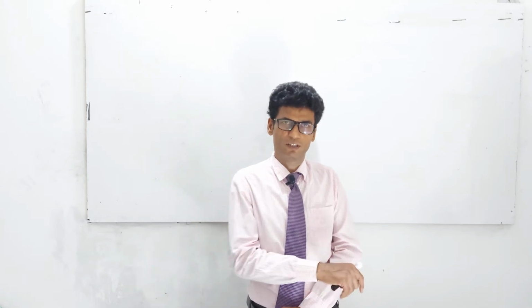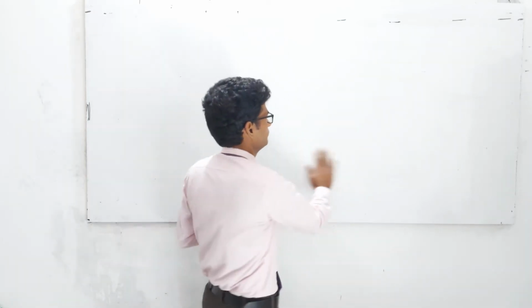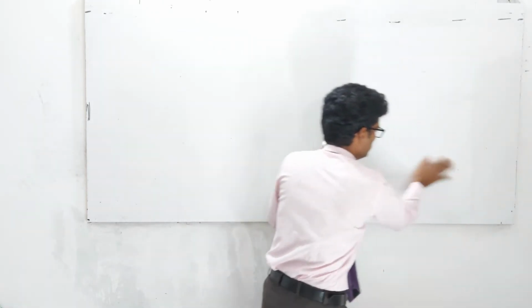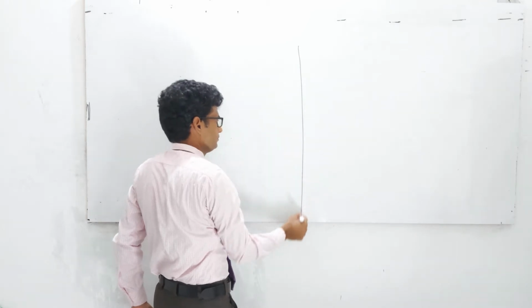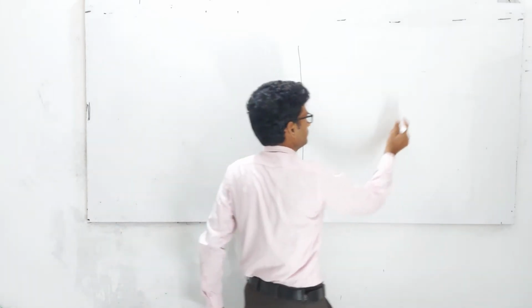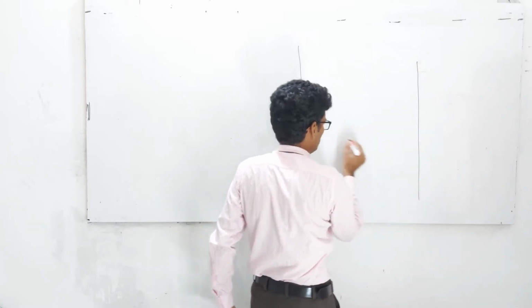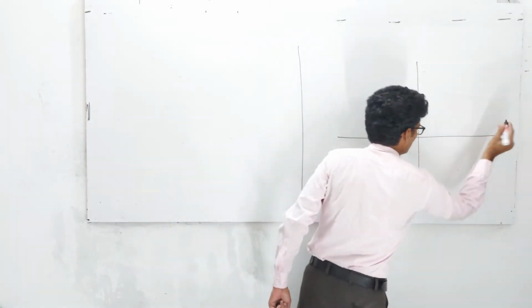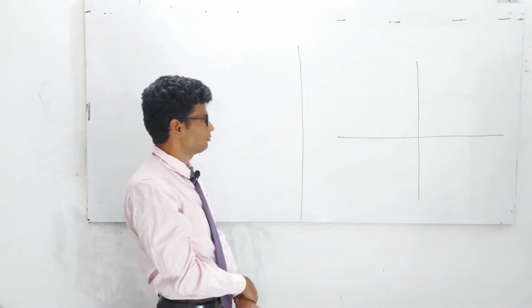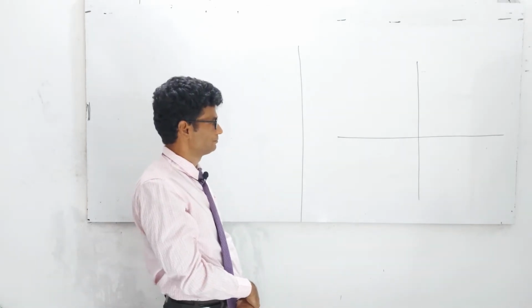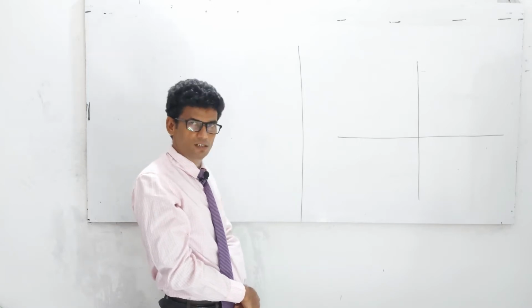As I have told earlier, let us say there is a rectangular coordinate system, you may call it Cartesian coordinate system.